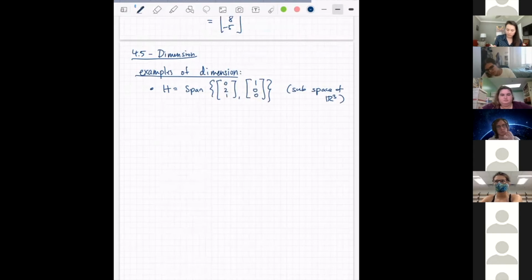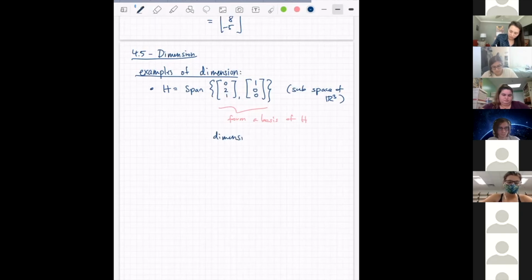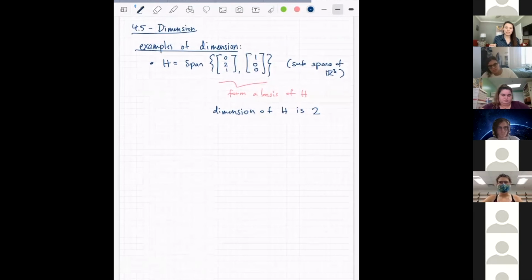So I hope that part is clear. So this means that H is equal to the span and that this is also a basis. So these two vectors together form a basis of H, meaning that the dimension of H is 2. And so what that means is that H is a plane inside of R3.